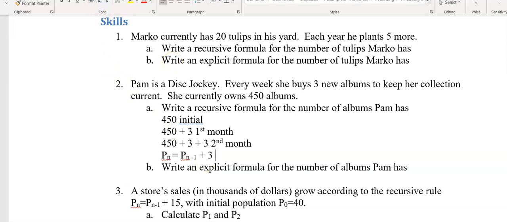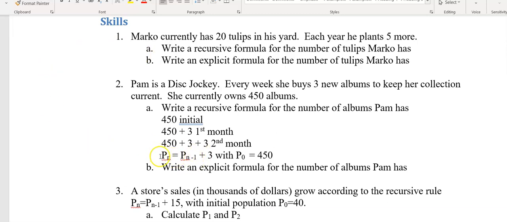And we want to say that our initial amount was 450 albums. This is our recursive definition, and it's kind of a strange looking notation for us to get used to.